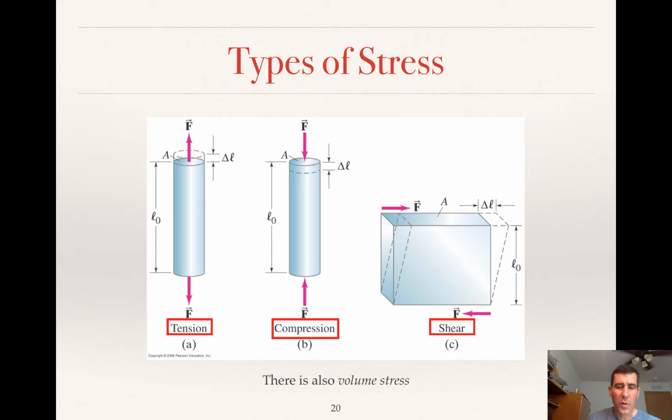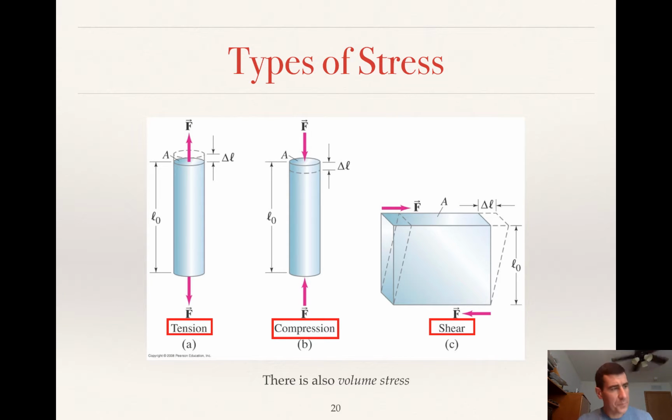Now it's also important that there are actually several different types of stress you can apply. First off, there's tension. Tension says you have an object and you pull, so you try to stretch it out. If I take my eraser and pull on either end, it stretches out. Opposite to that is compression. Compression says now you push. I have an object and I squeeze it and the change in length gets smaller.